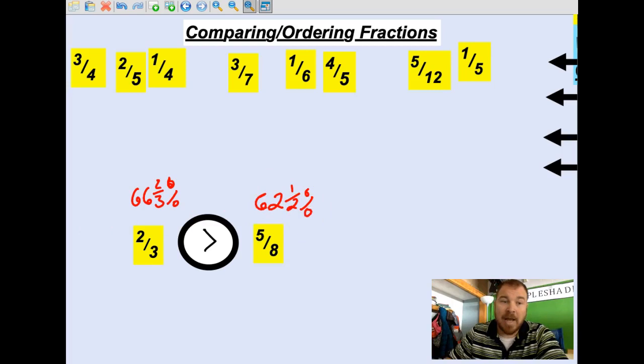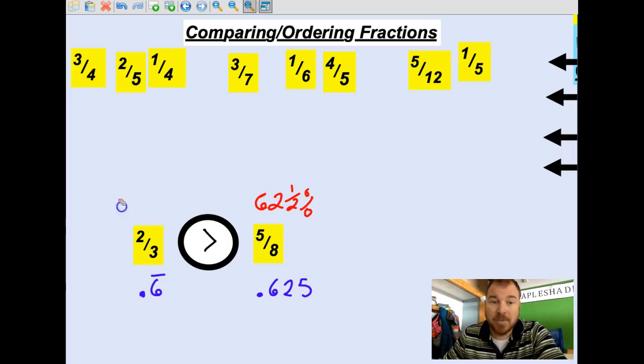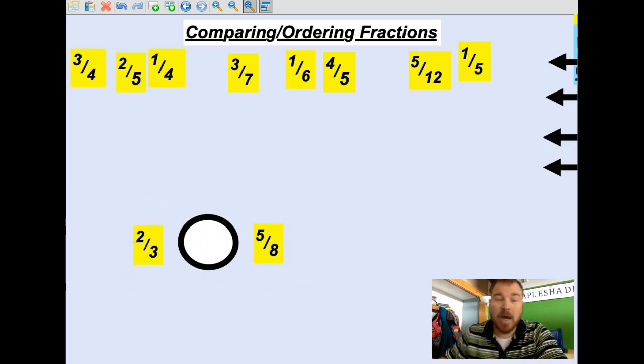Or I could write it as a decimal as 0.6 with a line over it, and 0.625. Again, we could do that with a lot of these if we have done a good job studying and remembering our percent and decimal equivalents.